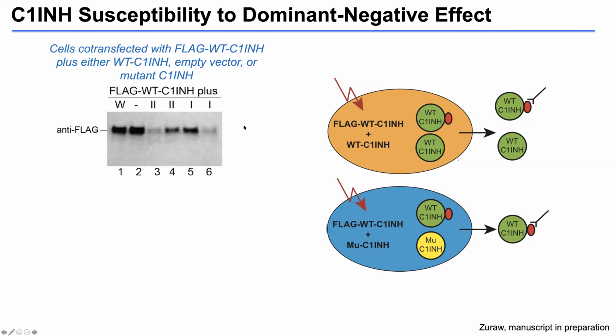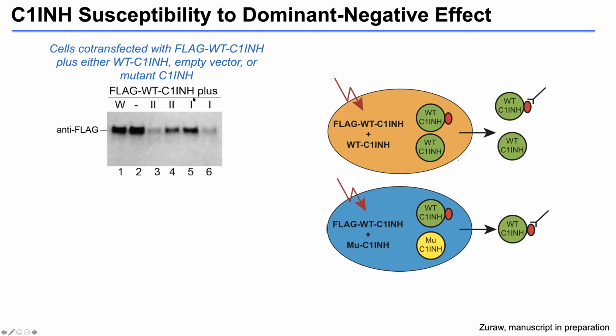And what we've found, this is an example here. This would be just wild-type protein, looking at the amount of flag-tagged, and you can see there's quite a bit of it. If we co-transfect with an empty plasmid, it makes no difference compared to co-transfecting with an unlabeled cDNA.